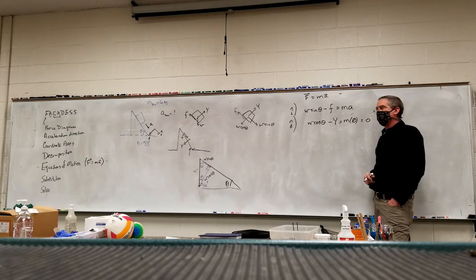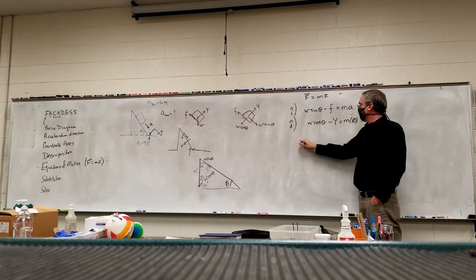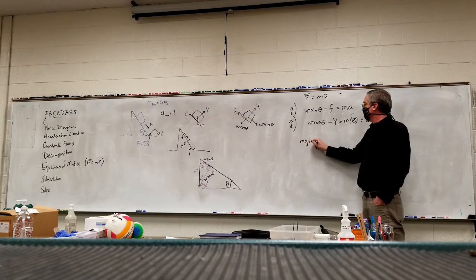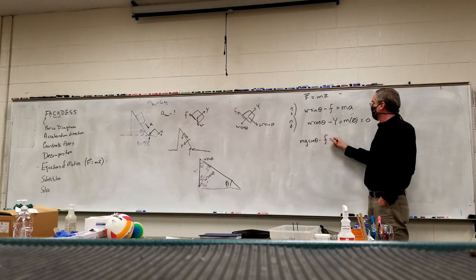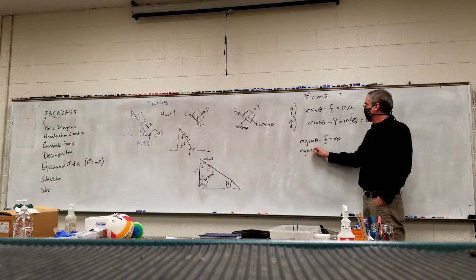Substitution. Weight is mg. All right, so I now have mg sine theta minus the friction is equal to ma, and mg cosine theta minus the normal force equals 0.